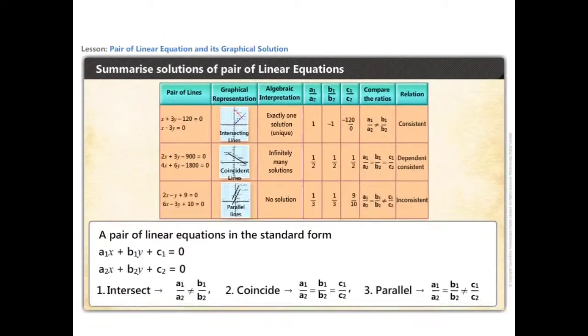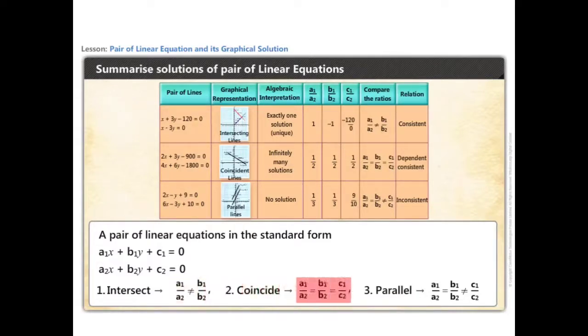A pair of linear equations in two variables with the standard form a1x plus b1y plus c1 is equal to 0 and a2x plus b2y plus c2 is equal to 0 intersect if a1 by a2 is not equal to b1 by b2.